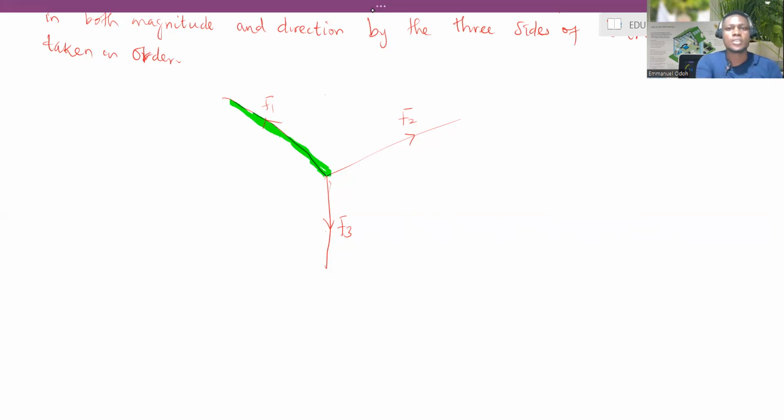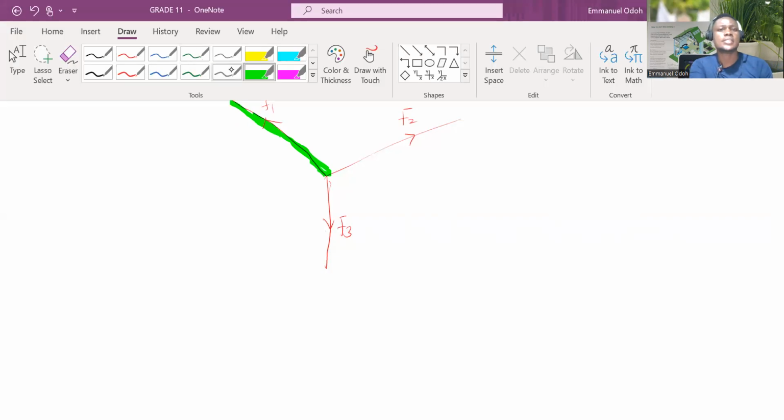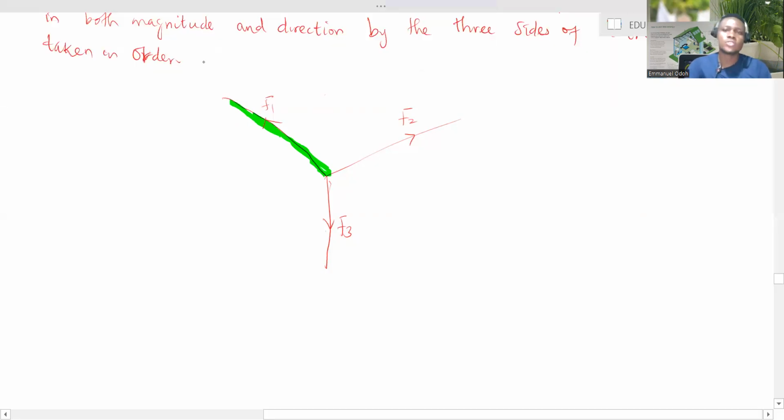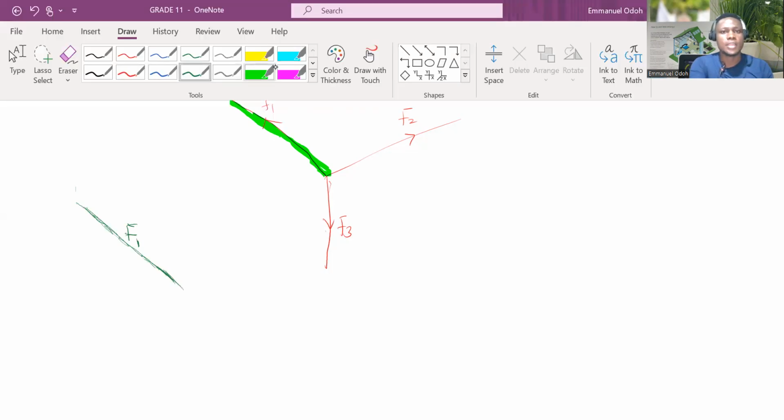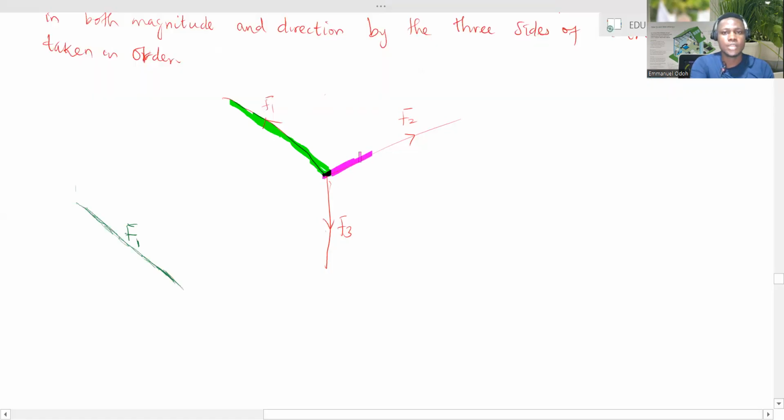What we do is draw a line that represents a side of the triangle, but is parallel to the line of action of F1. This is my F1, so let me mark it F1. Now let's go to F2.